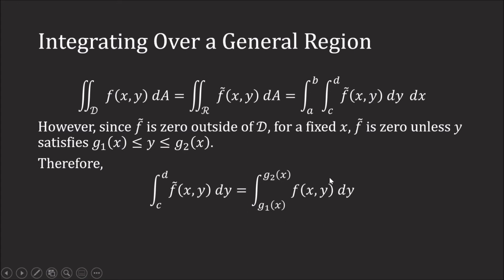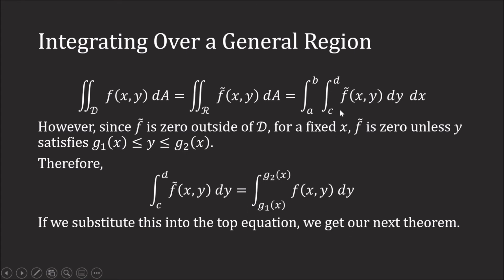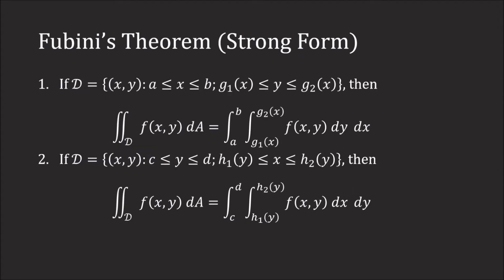Substituting this in for here, we get our next theorem, which is the strong form of Fubini's theorem. So if D is a vertically simple region, then the double integral over D of f of xy dA is the integral from a to b of the integral from g1 of x to g2 of x of f of xy dy dx.